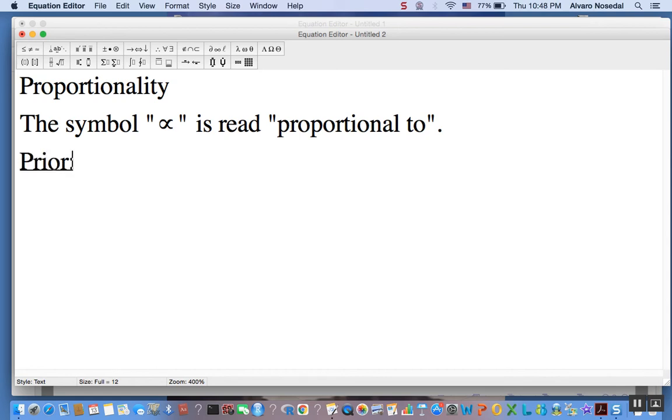So we had a prior, P of pi. Our parameter of interest was a proportion, pi.